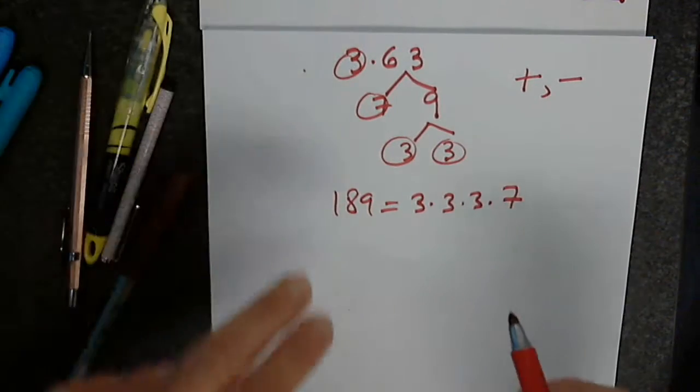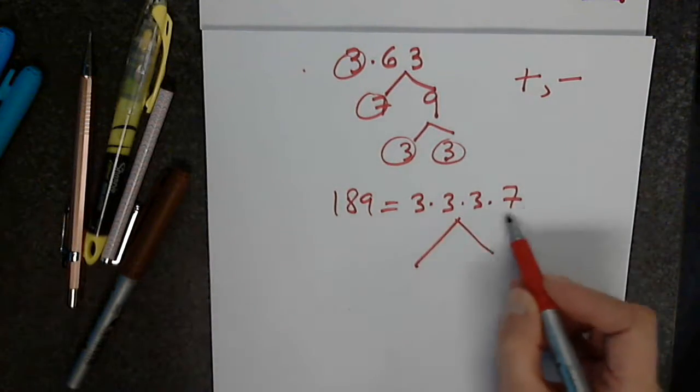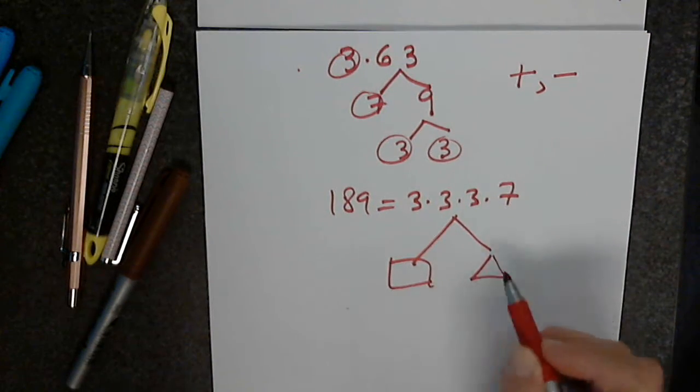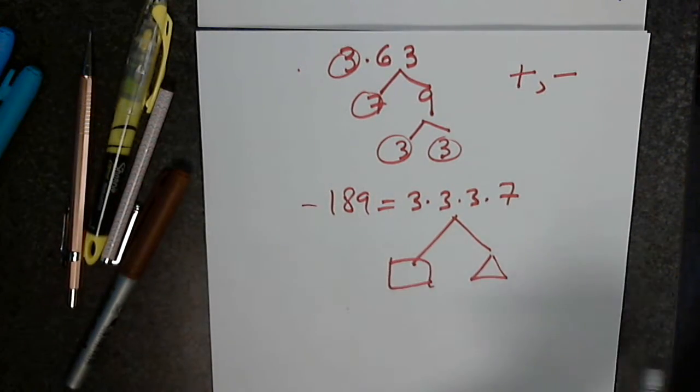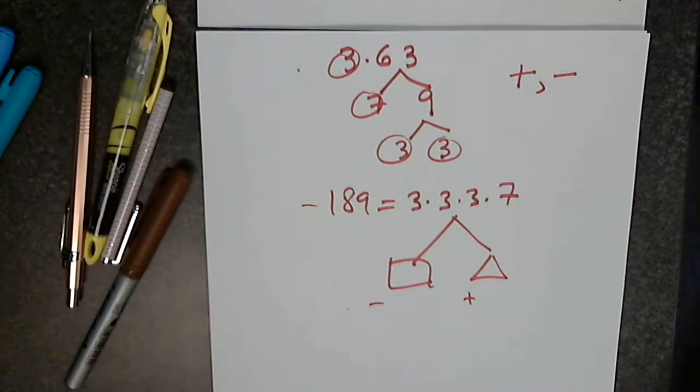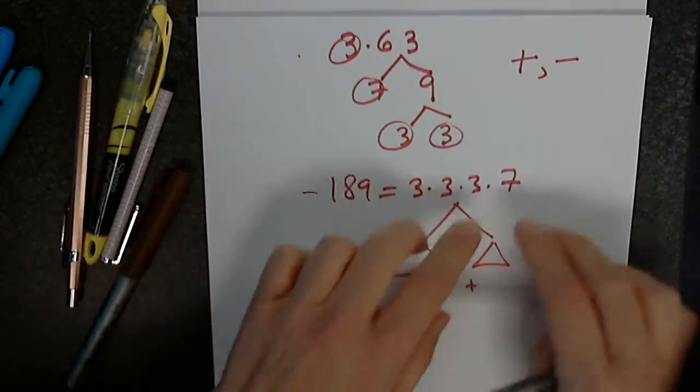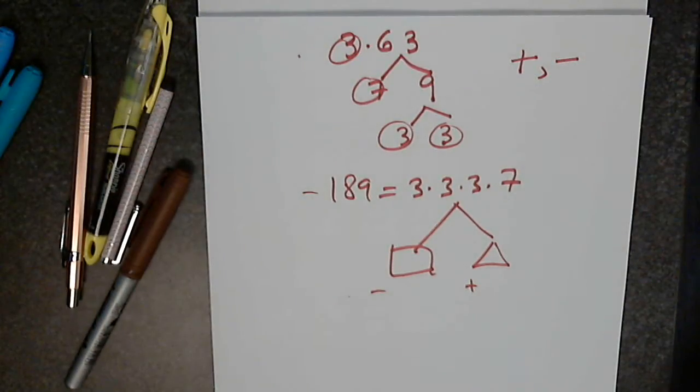Is there any way we can group all these factors into two numbers whose product is the whole thing? Of course, it's going to be negative. One will be negative and one will be positive. And when I add these two numbers, I get positive 20.